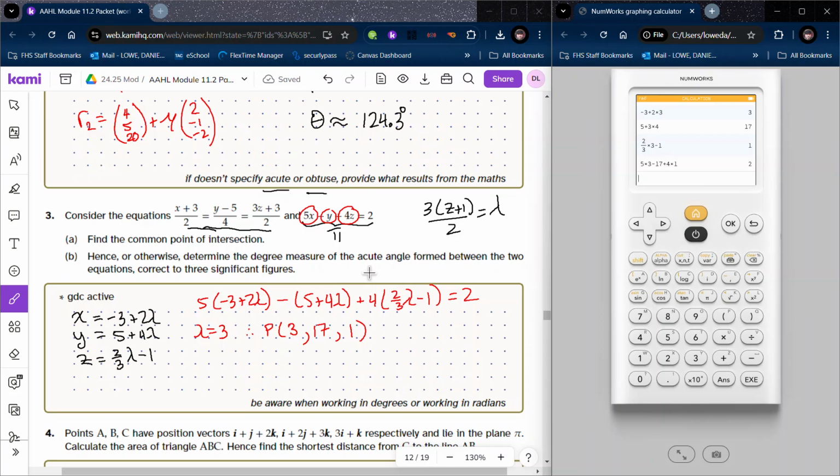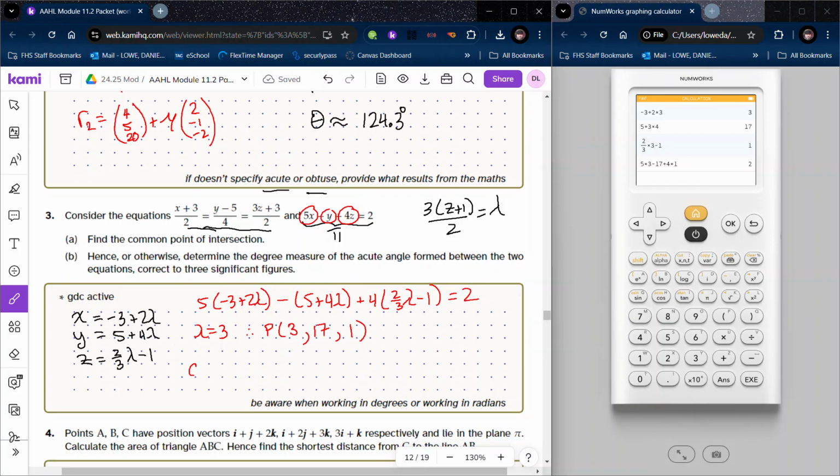We know that they intersect, so we know that there's going to be an angle between them. And how am I going to find the angle? Like we said, the cosine of the angle is going to be based on the dot product of the directional vectors. So we have 2, 4, and 2/3 for my line.